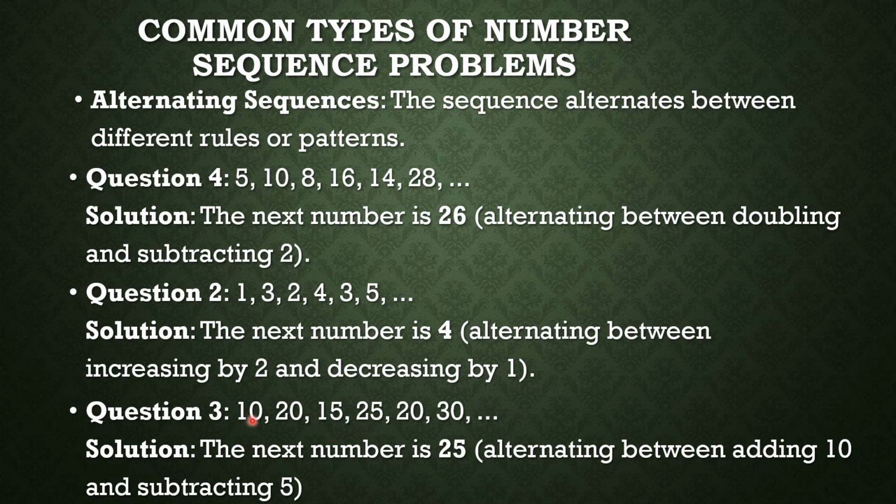So we go back and see here we just have addition of 10, then subtraction of 5, then again addition of 10, then subtraction of 5, then again addition of 10. So this is how we can identify different patterns. The next number would be subtraction by 5, which is nothing but 25.